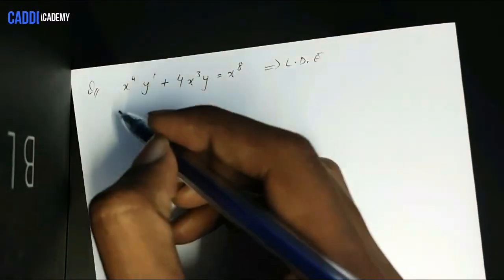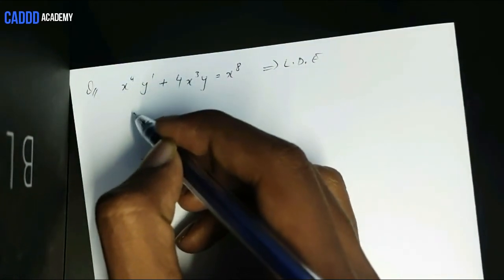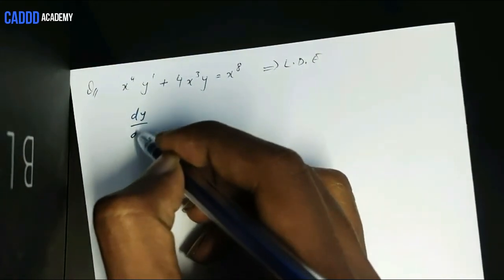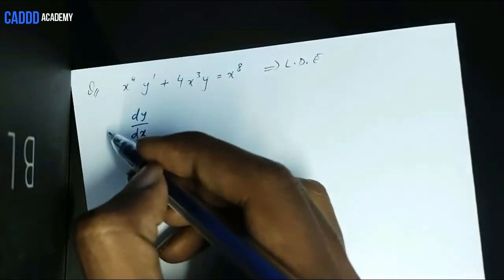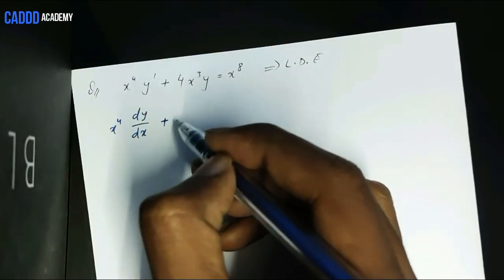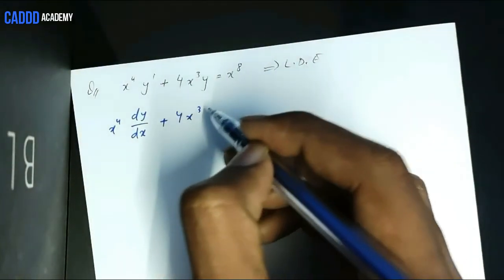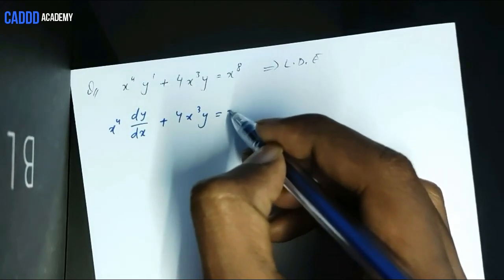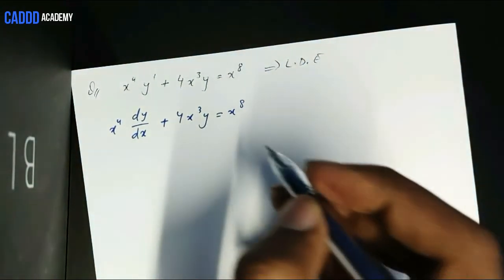So we can rewrite this equation as dy by dx times x to the power 4 plus 4x cube y is equal to x to the power 8.